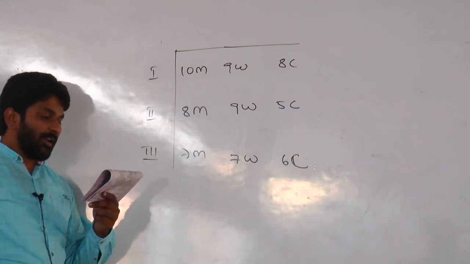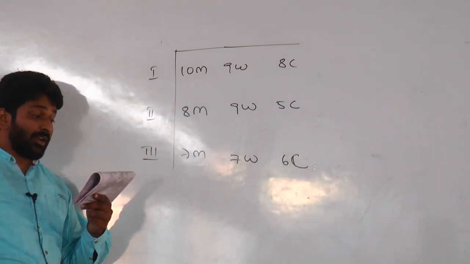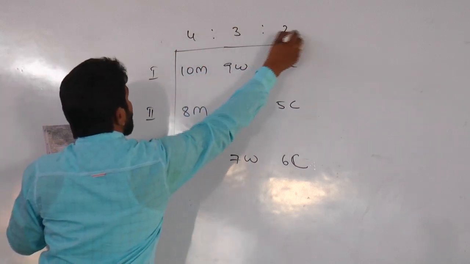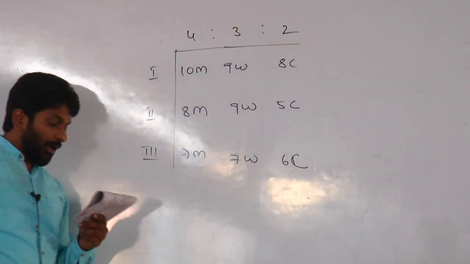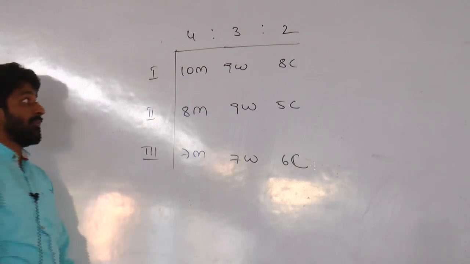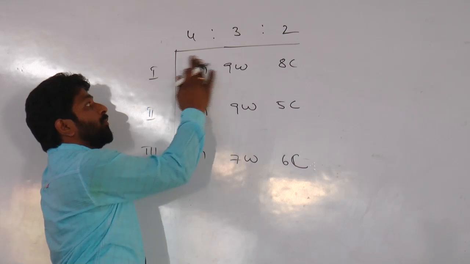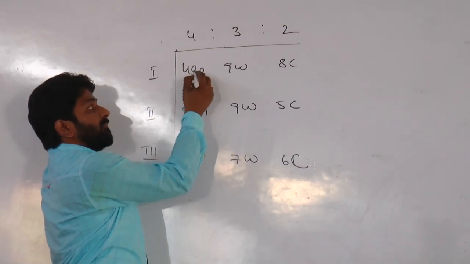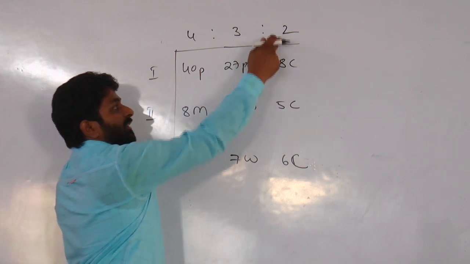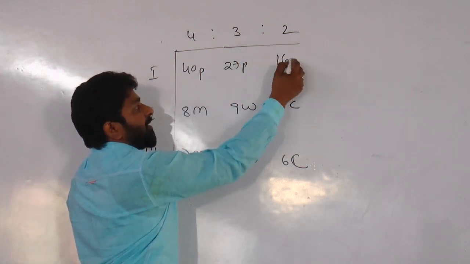Next, you are asked to calculate, and you are given the men, women, children work ratio 4:3:2. You are asked to calculate the number of books distributed on the first day. First day, 10 men can do 40 parts of work, 9 threes, 27 parts, and then here it is 16 parts.